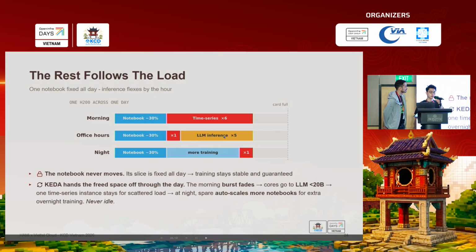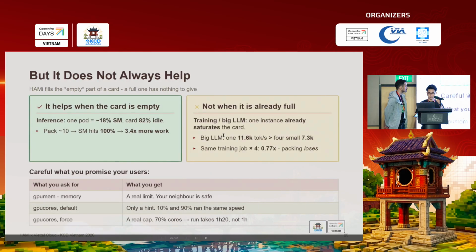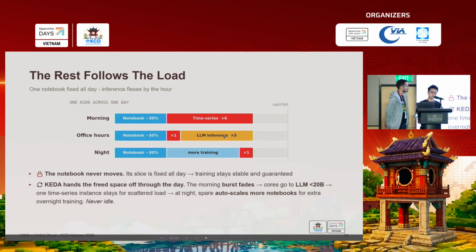The chart shows the load over time. For example, in the morning, everyone comes to the office and they get the time series inference. It checks the load of the infrastructure, the CPU, the network, and it can scale up to 6 times.